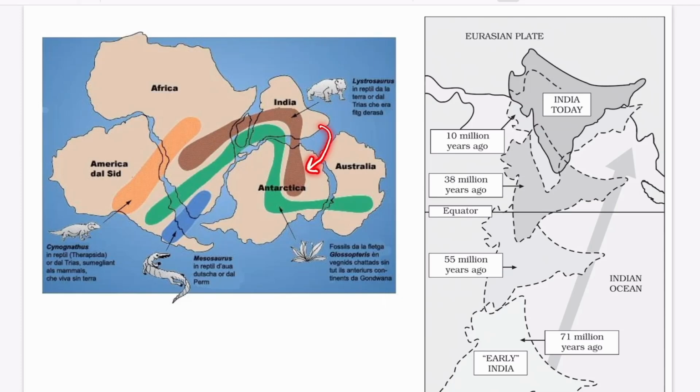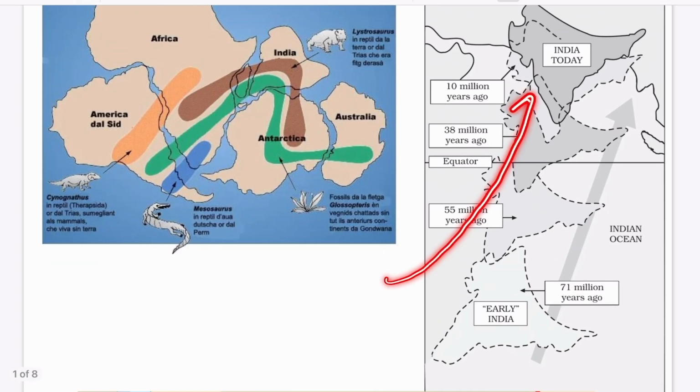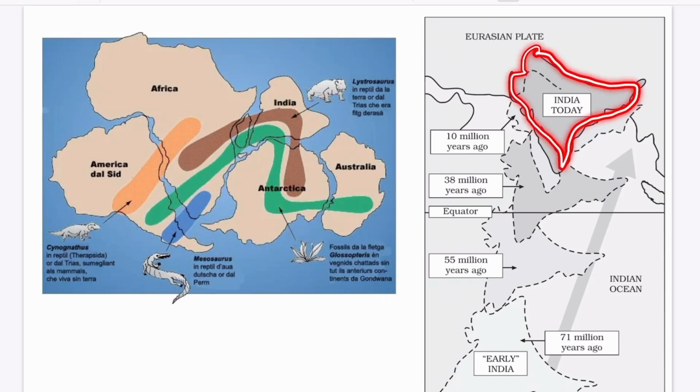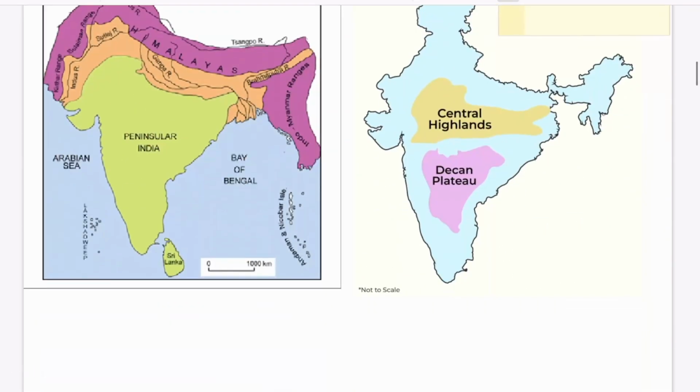Now Indian plate got separated from the Gondwana land, and it started drifting towards the Eurasian plate. And today's present India was formed by the collision of Indian plate and Eurasian plate. As this collision happened, the Himalayas were also formed, which are the young fold mountains.